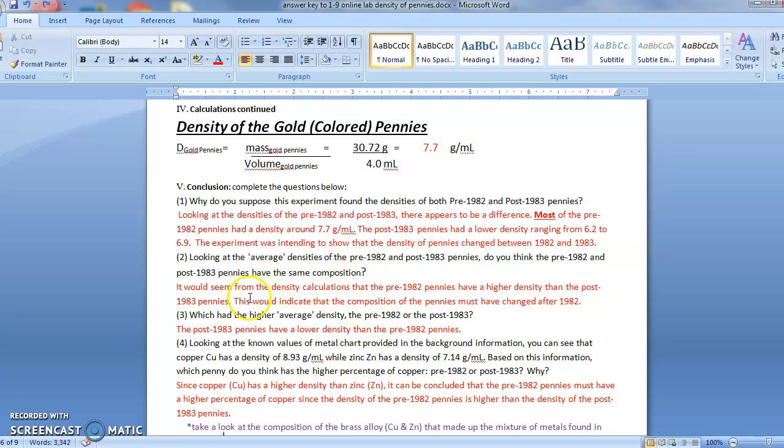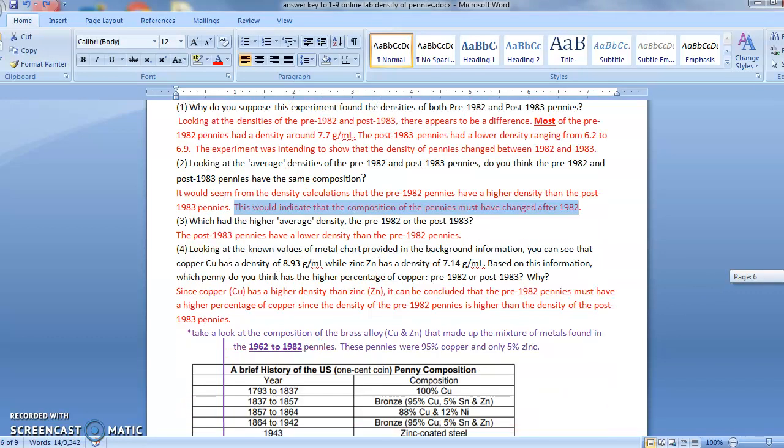Based on the densities, it would seem that they have a different composition entirely. Which had the higher average density, pre-1982 or post-1983? Well, the pre-1982s were around 7.7s. The post-1983s were less than 7. So the density of the newer pennies, the 1983, was less than the density of the older pennies. What does that mean?